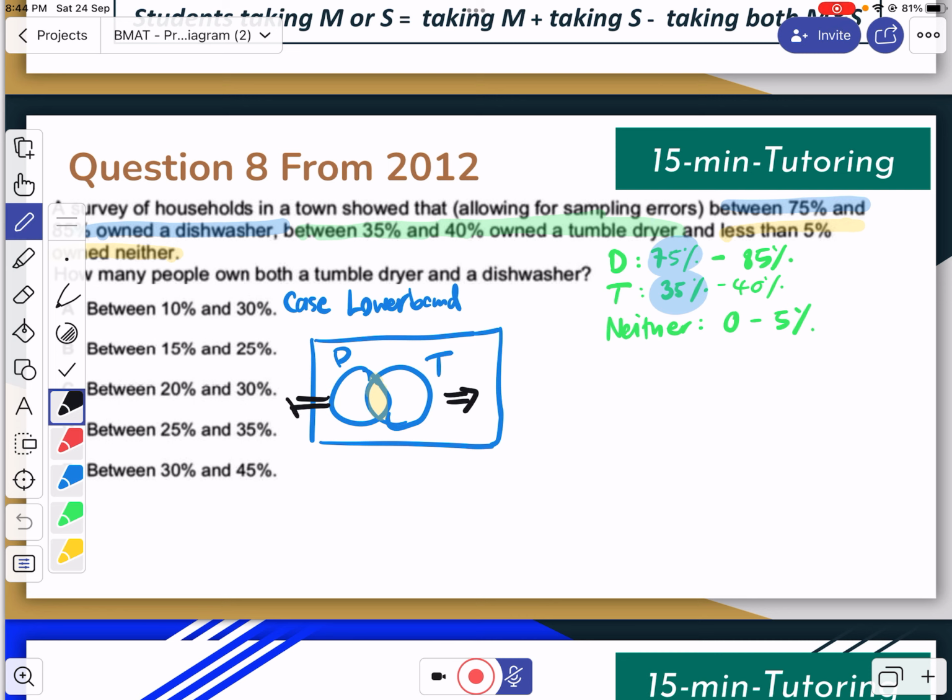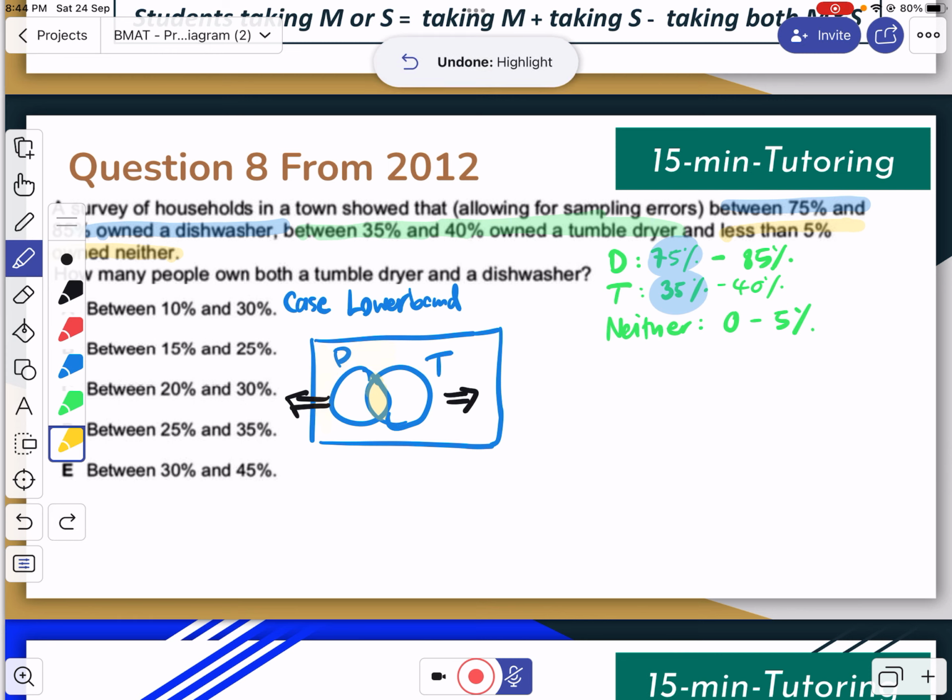So I like to imagine an invisible pair of hands trying to pull these two circles apart. And in order to pull them apart, because both circles need to be contained in this rectangular area, you need to have a lot of space outside.